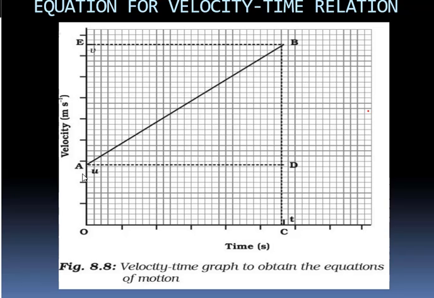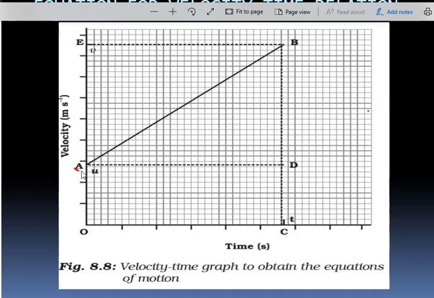here you can see this is point A. At this point, the initial velocity of the body is u. This is point B. At this point, the final velocity of the body is v. Now t is the time taken by the body from point A to point B. Here we are going to calculate with the help of this velocity and time graph the total displacement traveled by the body.